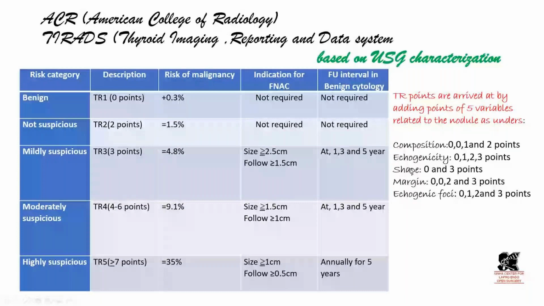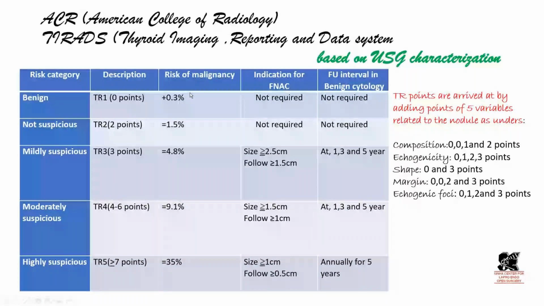And these are the points allotted: 0, 0, 1, and 2. So the maximum you can have is 3 plus 2, 5, and 3, 8, and 3, 11, and 3, 14. So that could be the maximum. Based on the totality of these points, from 0 points to more than 7 points, you can have the risk of malignancy right from 0.3% to 35%.